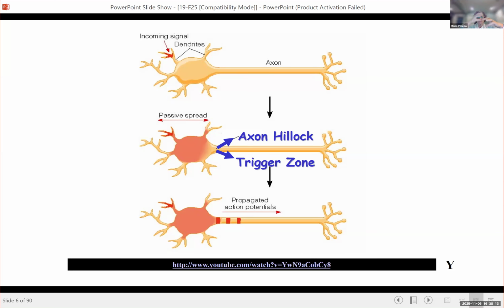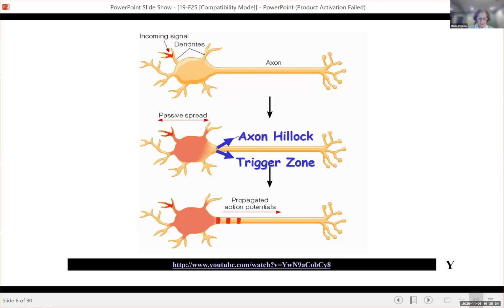And it's adding up. All of those signals is what determines at the trigger zone whether the action potential is going to go down the axon. So the change in potential here has to reach the threshold, minus 55 millivolts, so that it can go down the axon.